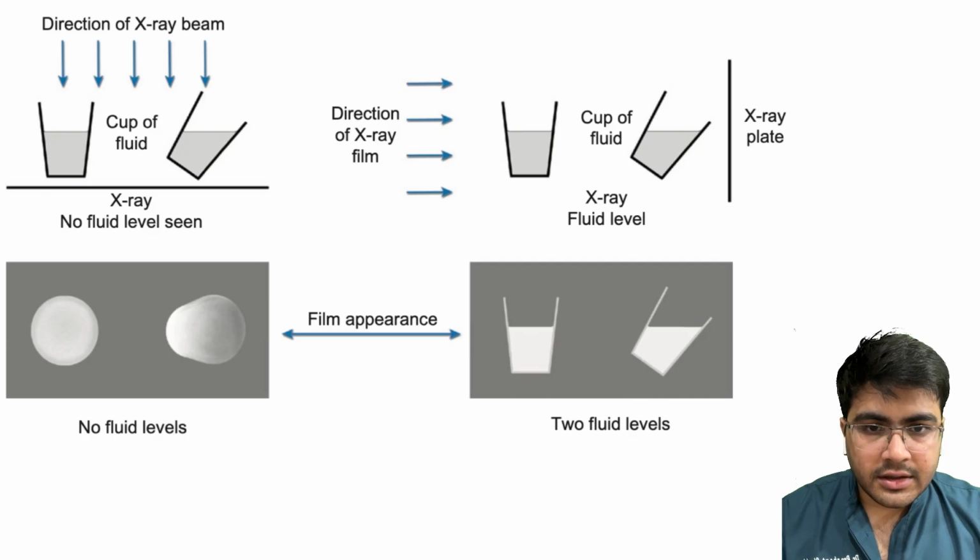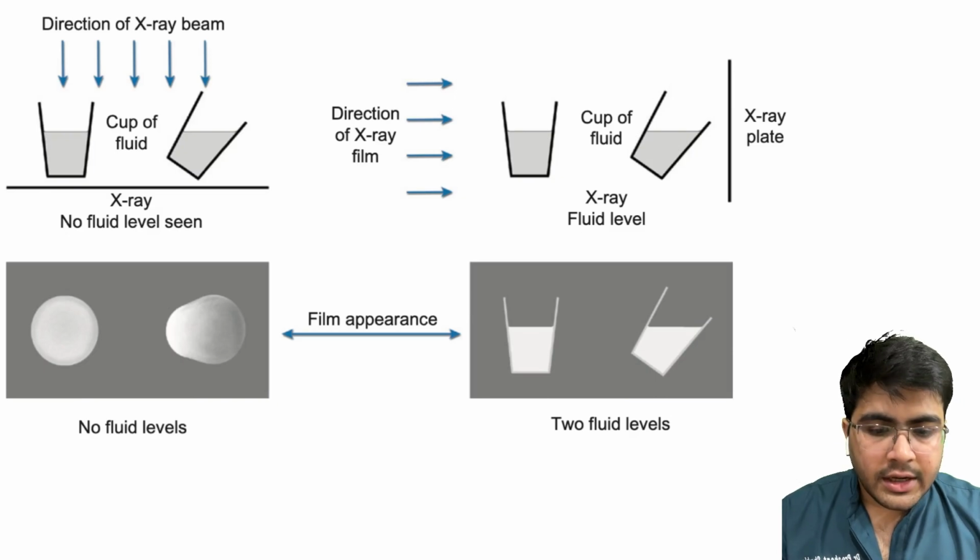Considering the air fluid levels, we need to be careful about the presence of artifacts in abdominal X-rays. You need to understand the direction of the X-ray beam and the X-ray plate. The axis of the beam should be perpendicular to the axis of the air fluid level.